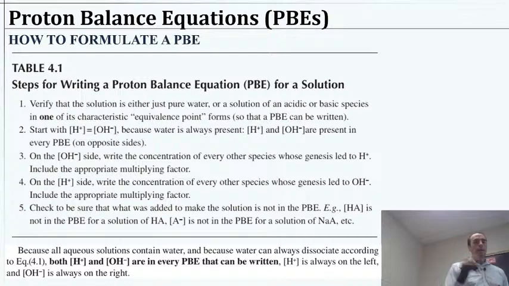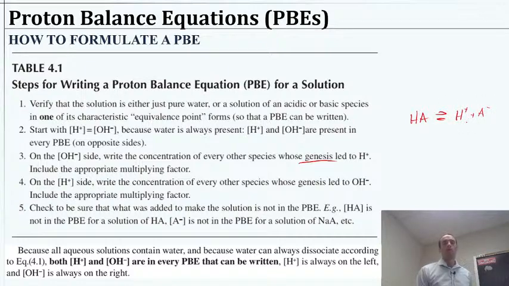Okay, then on the OH minus side, we're going to add every species that, when you form that species, the genesis of that species leads to an H plus being released. So when I say the genesis of that, what we're talking about is when HA goes to form H plus and A minus, well, to form A minus, we added an H plus.